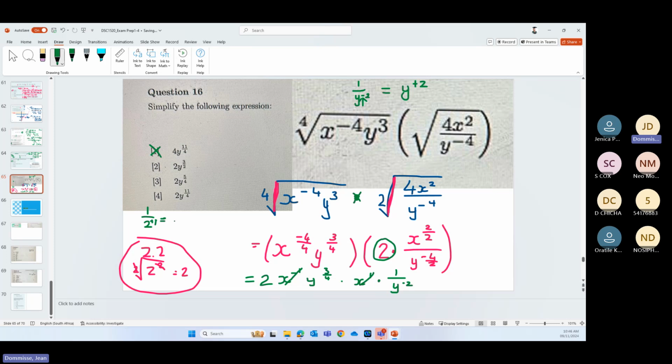If we bring the 2 up front, we can definitely see 1 over 2 is not the same as 2, so we need to change whatever that sign was to the opposite. So 2 to the power of minus 1 will also give you the half. This is what we can also do with fractions.